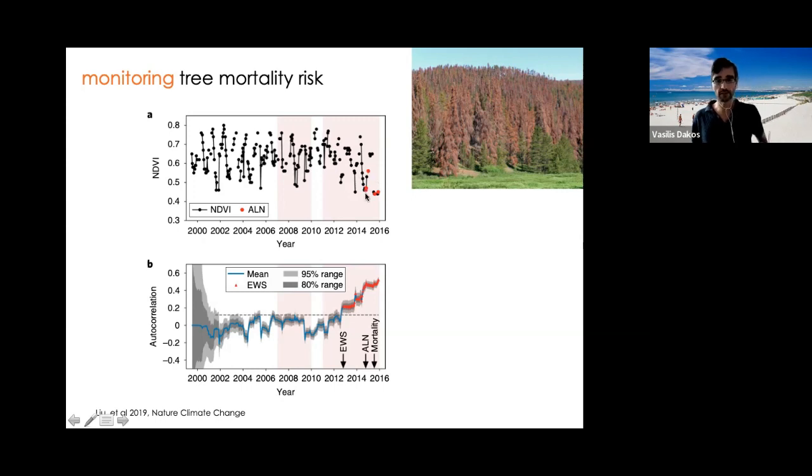And here what the authors have shown is that by estimating autocorrelation, using not a moving window but a different approach, on these NDVI signals, they were able to see that the signal was crossing a potential threshold, indicating a sharp change in autocorrelation, quite a few years before they got these big mortality events.